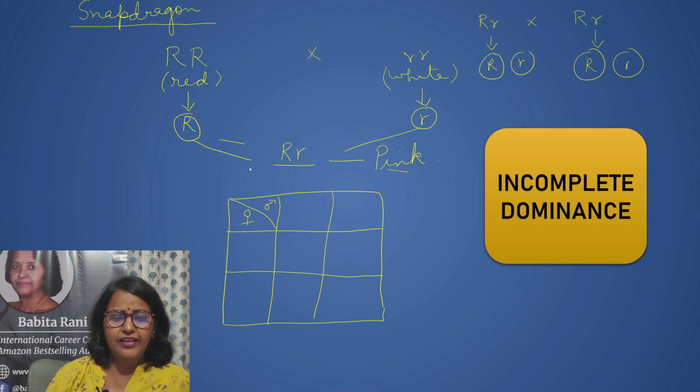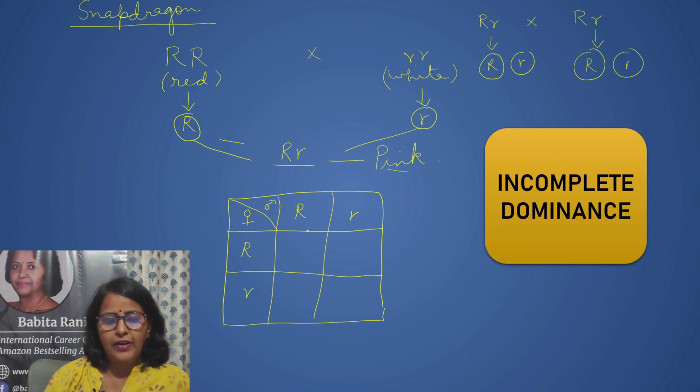Let us write it in a Punnett square. Capital R small r, capital R small r. So, we have capital R capital R, small r, capital R small r, this and this will combine together.